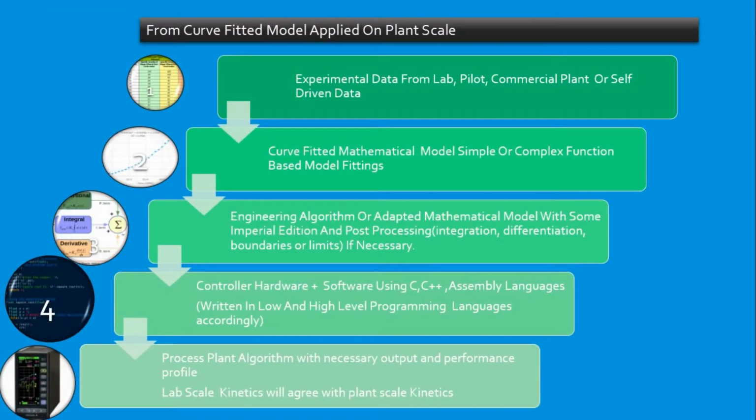Here are the various steps by which we can convert experimental or self-driven data to a curve-fitted mathematical model. Let us discuss these steps one by one. Experimental data can be collected from the lab for a specific process, as in the previous example we discussed a cooling process for a batch cooling crystallizer for a specific type of crystals and shape, size and distribution.